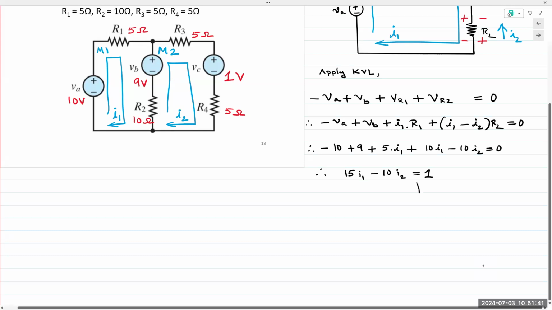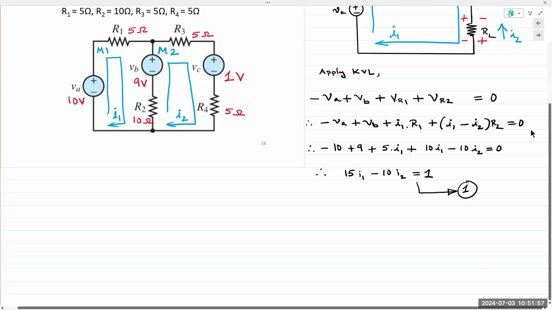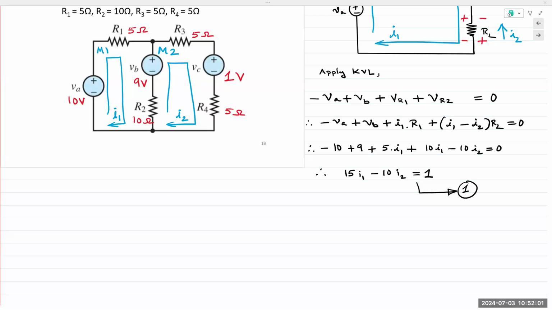I'm going to label this as equation number 1. Let's take a pause. Any questions? So far, so good.